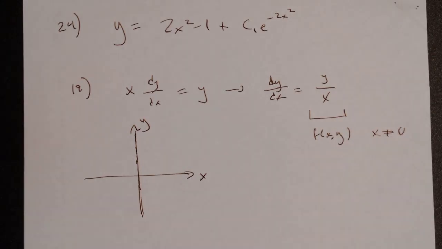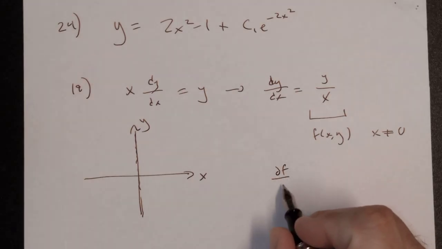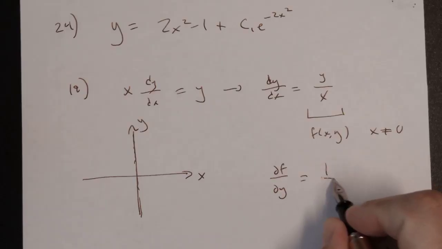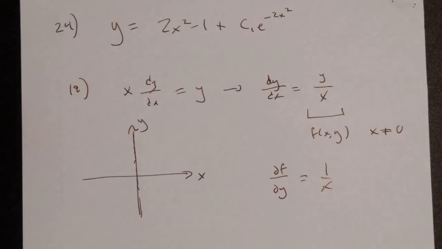Yes? There's no restriction on y at the moment, yes? Okay. Then the other thing I need to look at is the partial of f with respect to y. What's my derivative? Which really gives me the same place where that's messed up, right? The only place that's messed up is where x is 0.